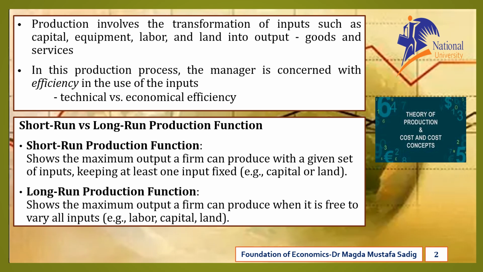Let us also explore what we mean by short-run versus long-run production function. In economics, time matters when analyzing production. So, short-run production function. In the short run, at least one input is fixed, usually capital, like machinery or buildings. The firm can only adjust variable inputs such as labor or raw materials.